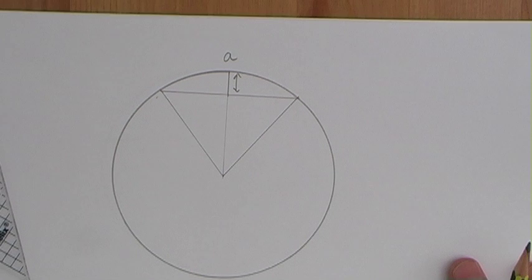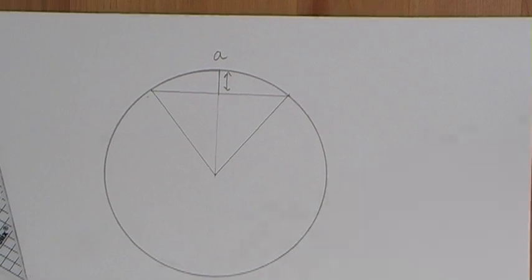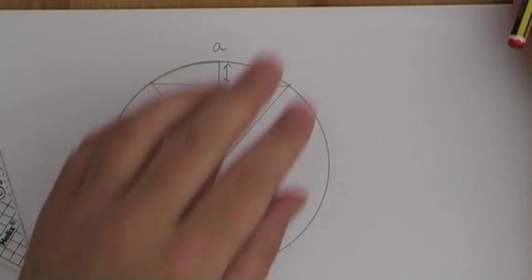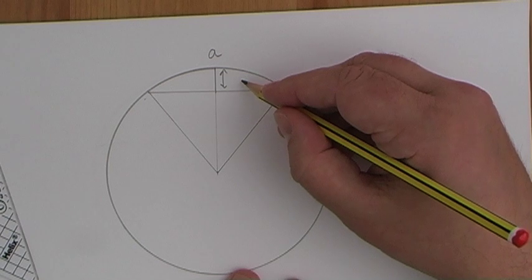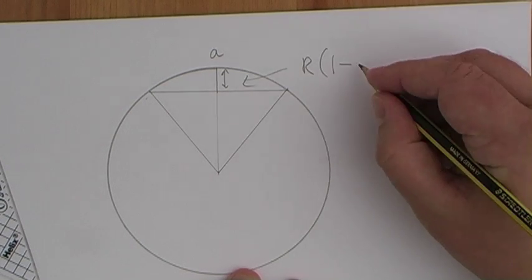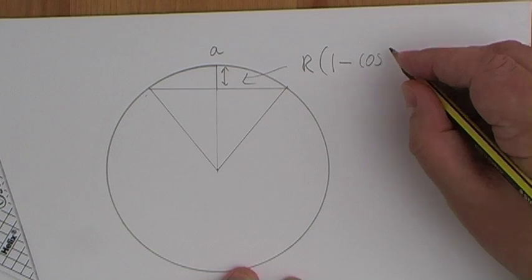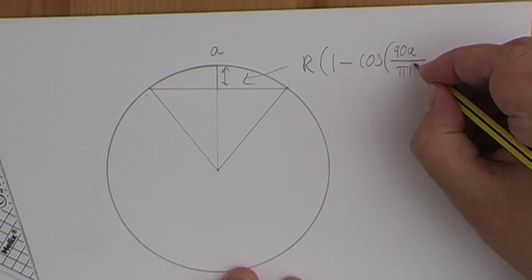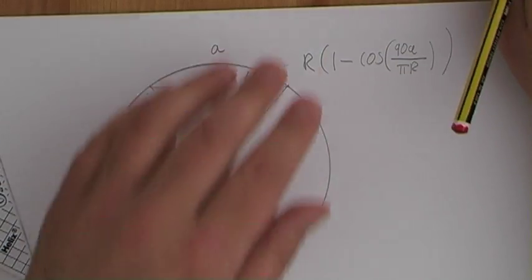Now that distance there is given by this formula here, which I'll write down for you. It's given by r times (1 minus the cosine of 90a divided by pi r), in those brackets.